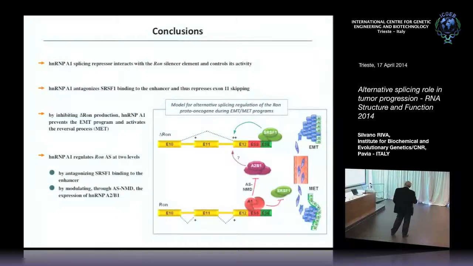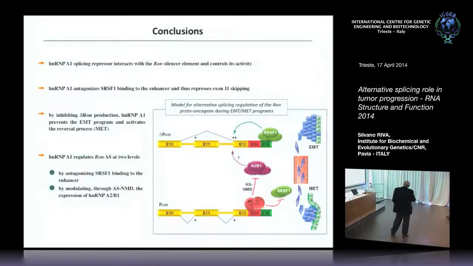You have an enhancer where SF2 binds. It strengthens this site. But this site can also be strengthened by this protein, by a mechanism which is not completely known. Okay? HNRNPA1, by binding to the silencer, displaces SF2 and also reduces the level of this other protein.